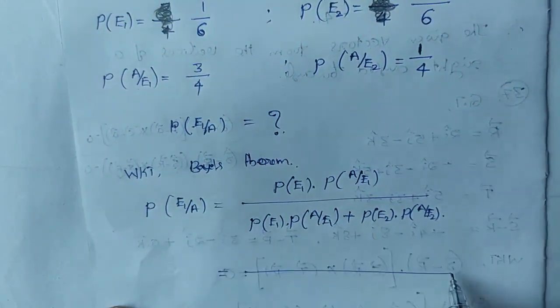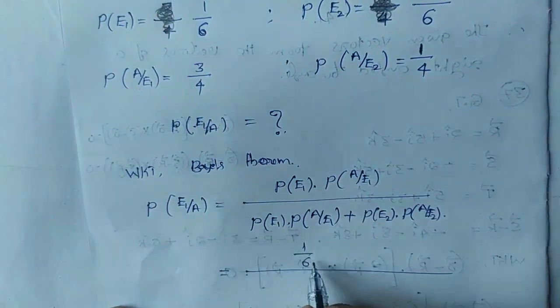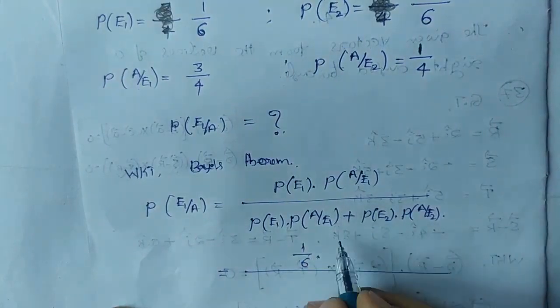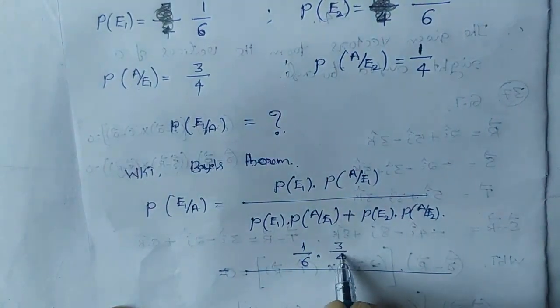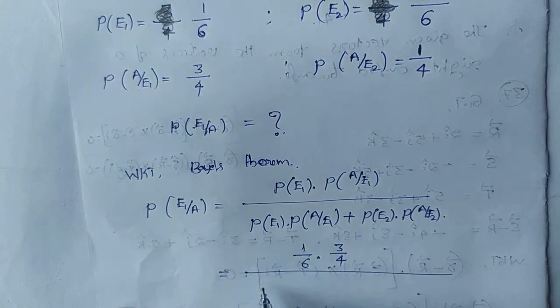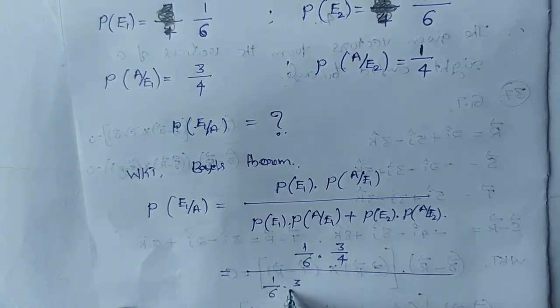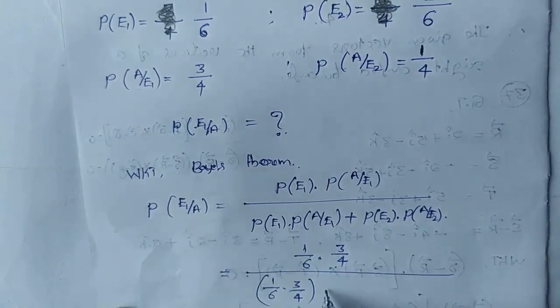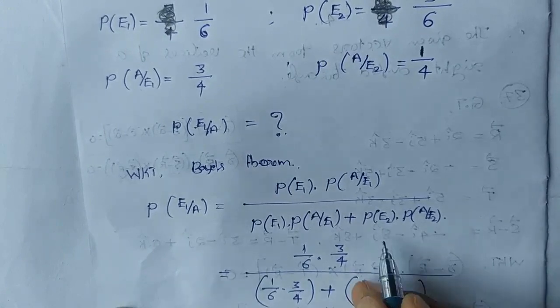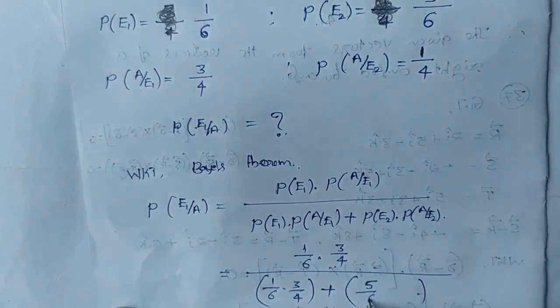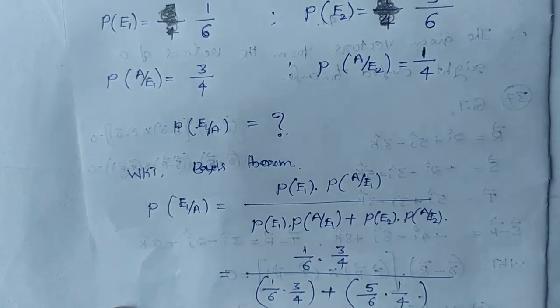That equals P of E1 is 1 by 6 into P of A by E1 is 3 by 4, whole divided by 1 by 6 into 3 by 4. I am just substituting the values. Next, P of E2 is 5 by 6 into 1 by 4.